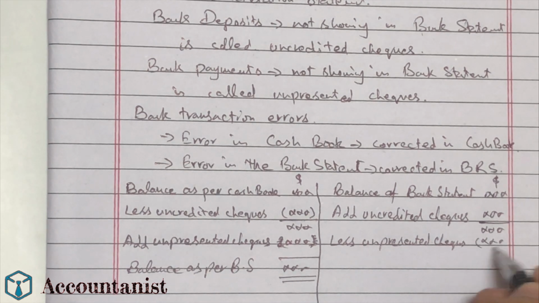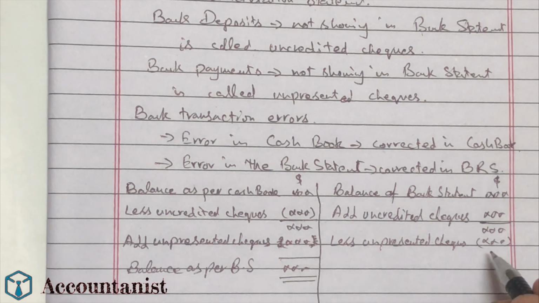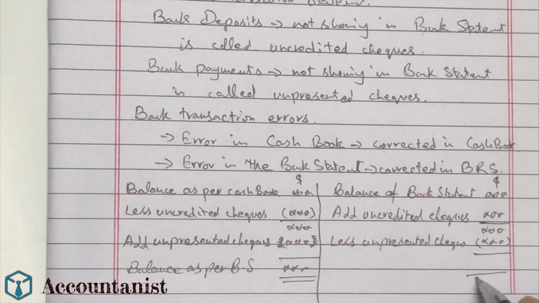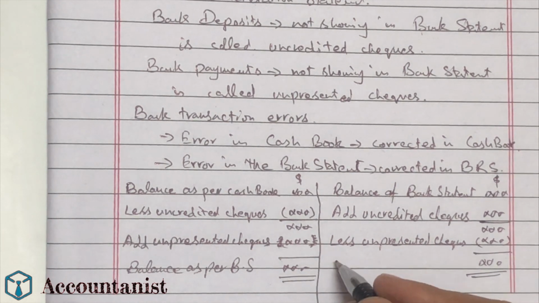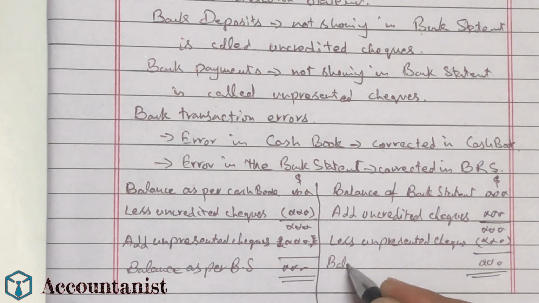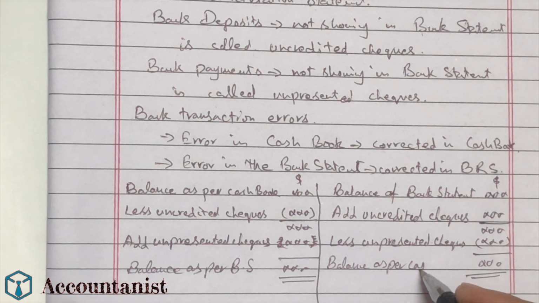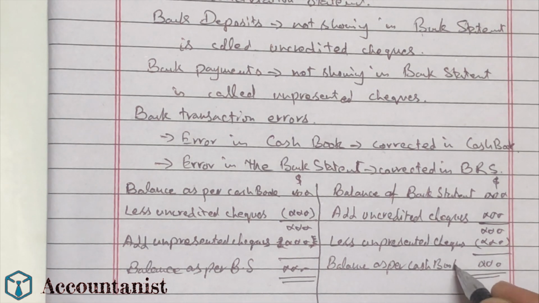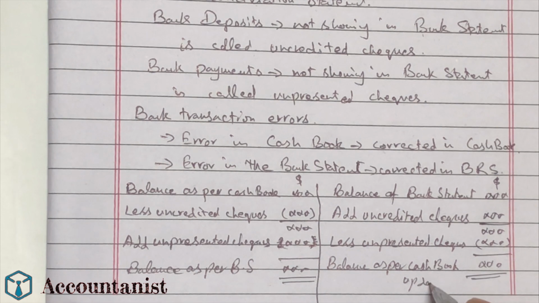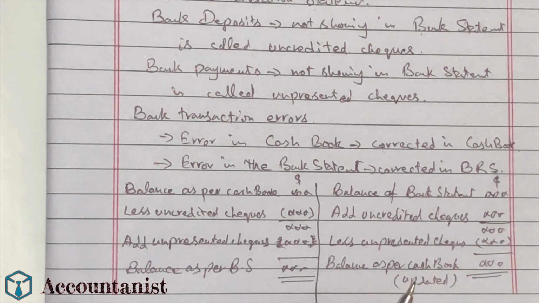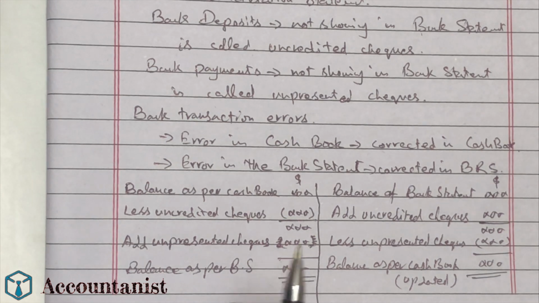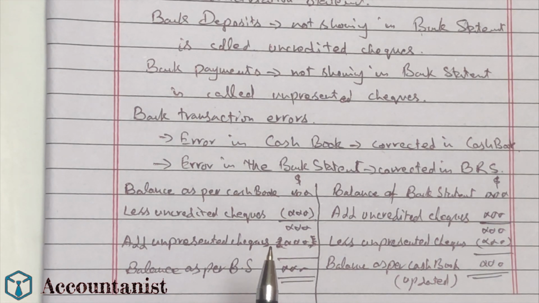So we'll deduct this from this number to get the balance as per cash book updated. So this balance will be the same balance that we'll have from the updated cash book balance. So that's what we have in our bank reconciliation statement.